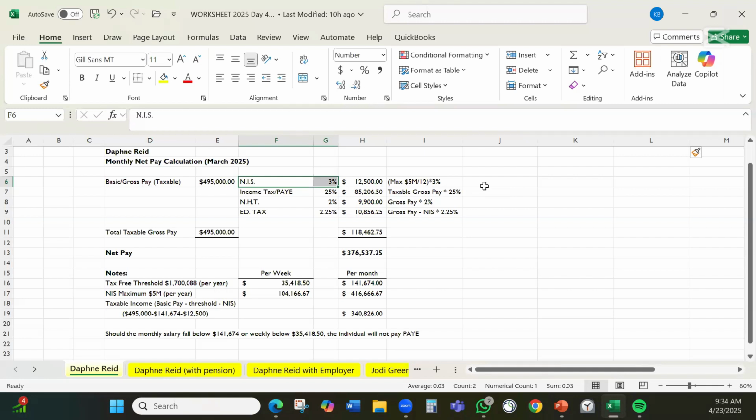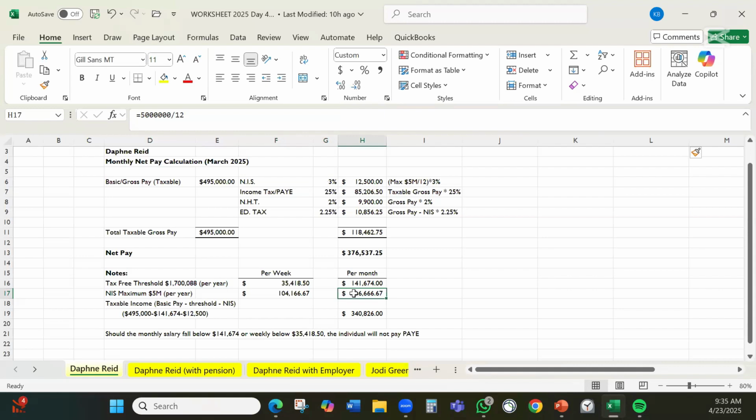So if you earn above $5 million for the year, which is really 416,666.67 per month, your NIS is going to be capped. What if you earn below the 5 million? If you earn below the 5 million, it is going to be 3% of whatever you earn.